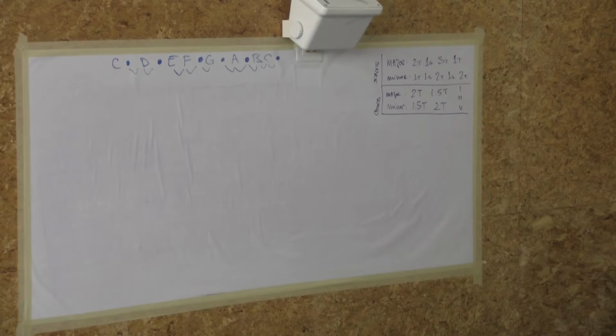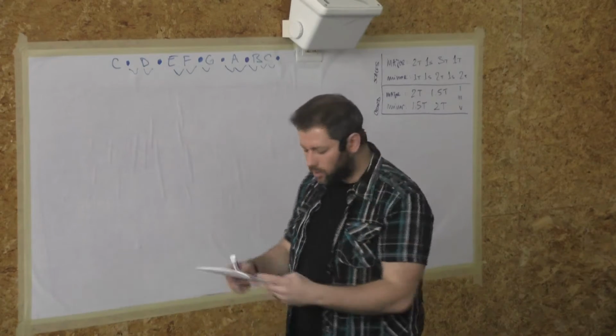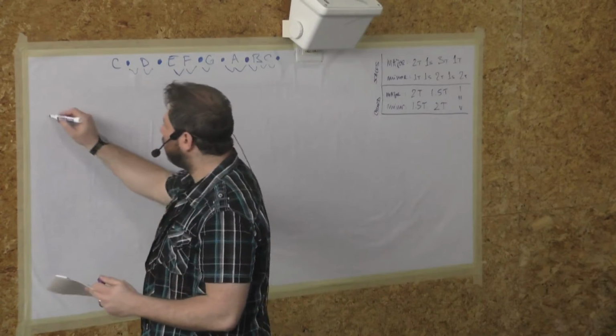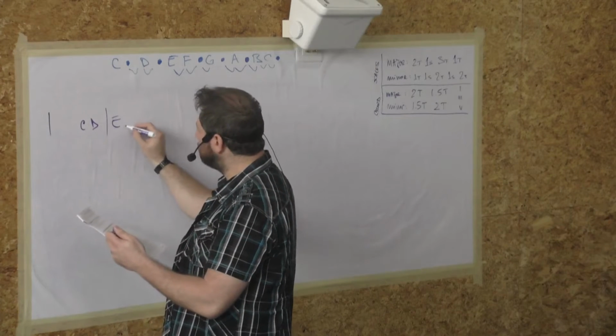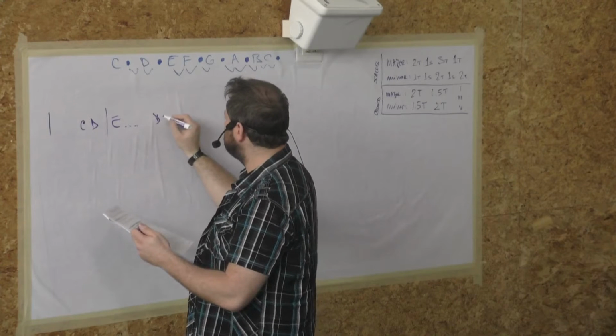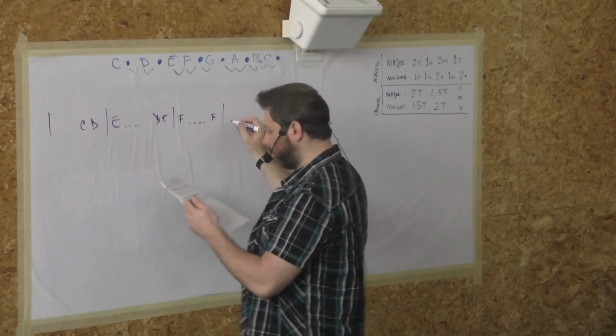Right? Now, the notes the voice sings are these. I'll spell it in measures so you can see: C, D, and then the long note is E, D, E. F is the long note.